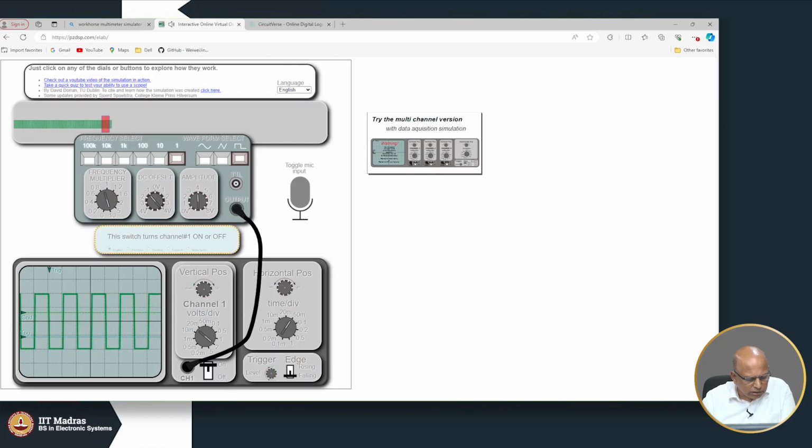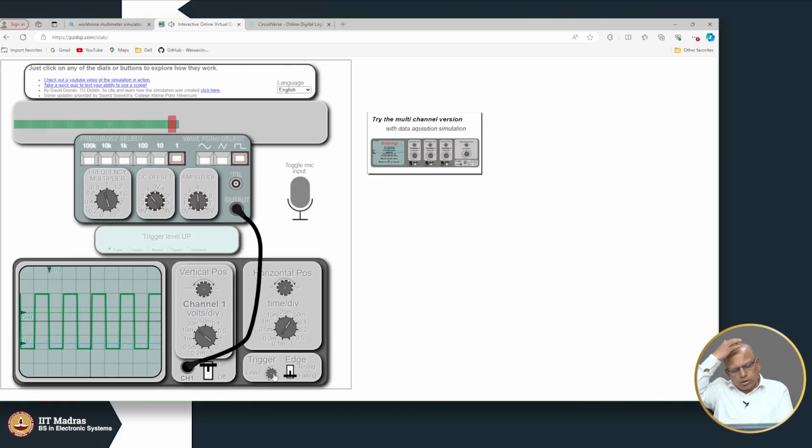See, this trigger value, if I move it up, you can see it stabilizes. Okay. See, if I bring down the trigger value, it becomes unstable. See, whereas if I move up the trigger value, it stabilizes.